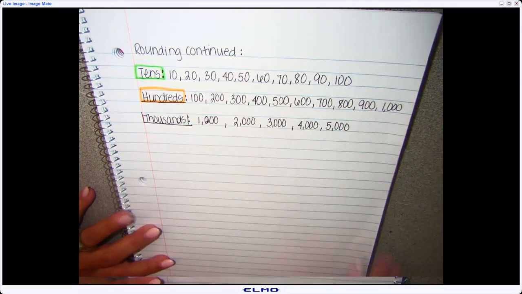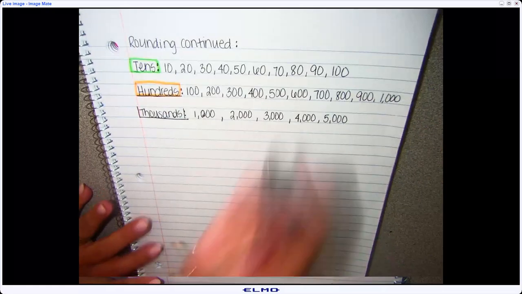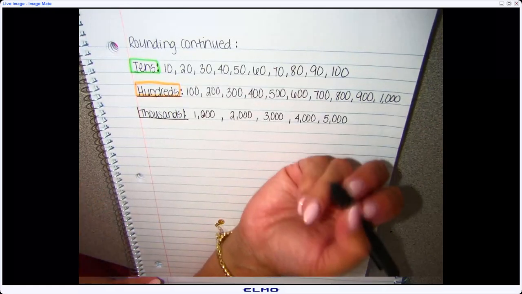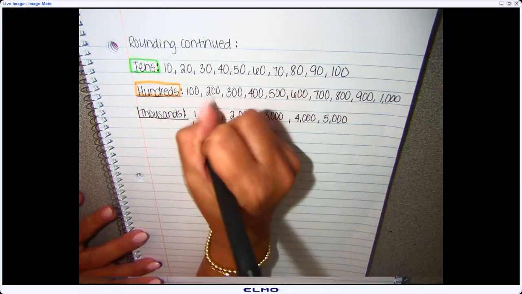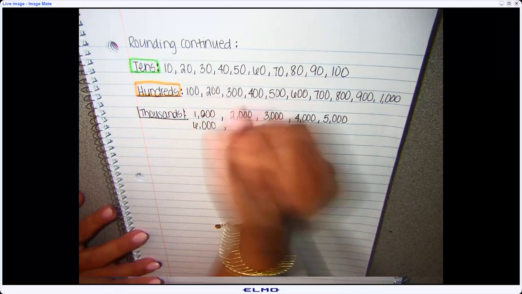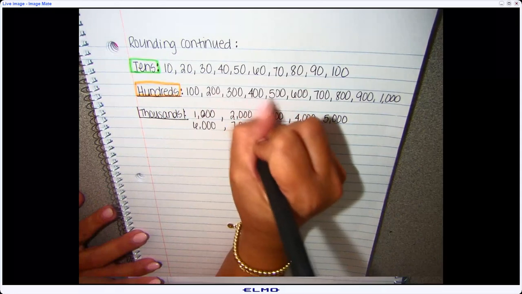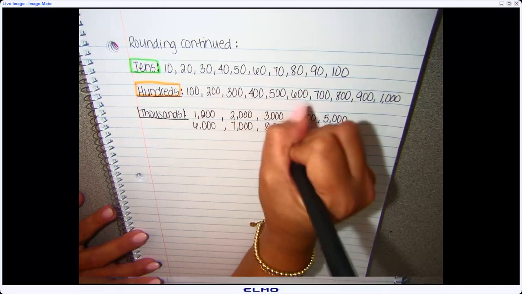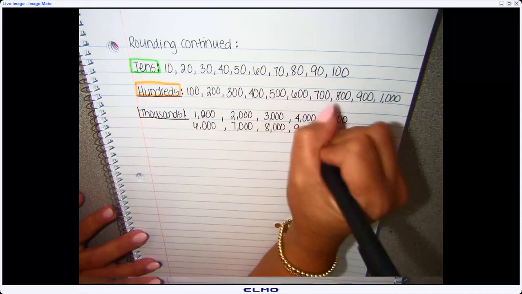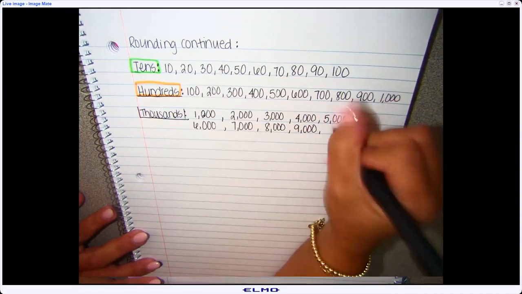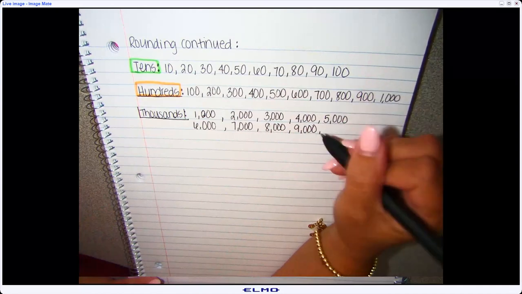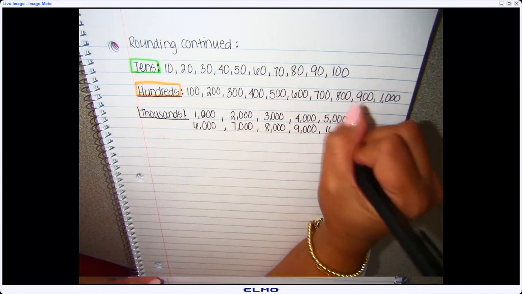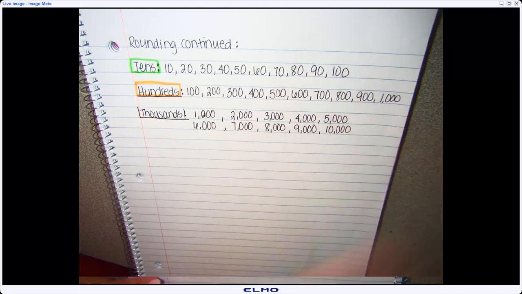Oh, Miss Vela, I got to the end of the line. That's okay. I'm a problem solver. I'm going to go to the next line. And if this was larger than 9,000 and I needed to regroup, it would become 10,000.